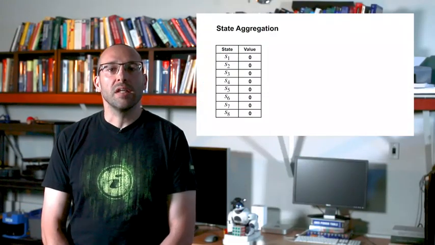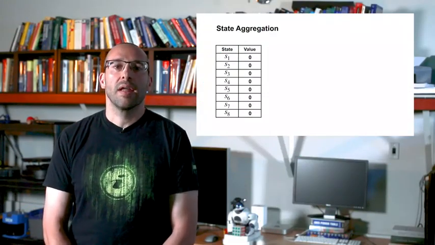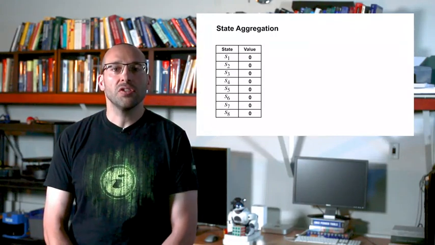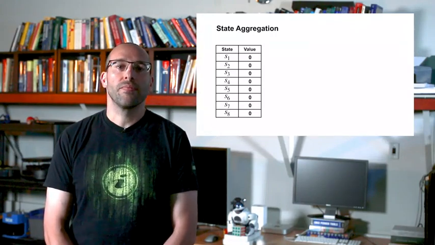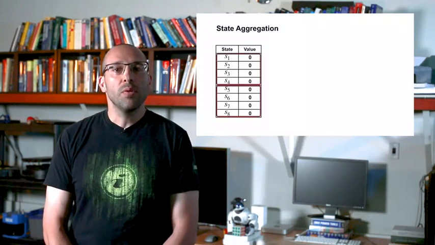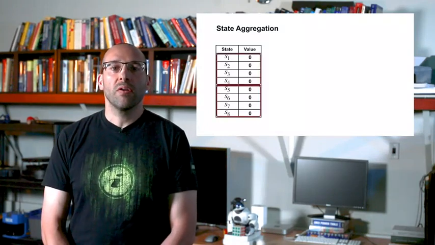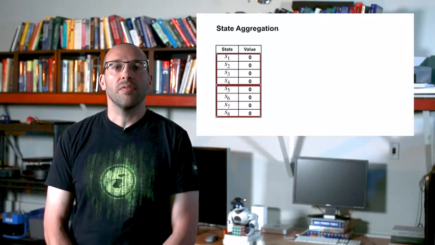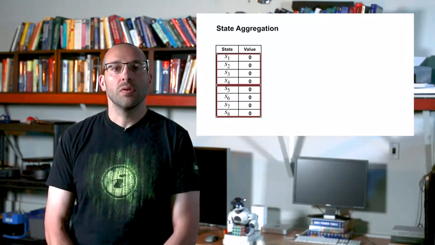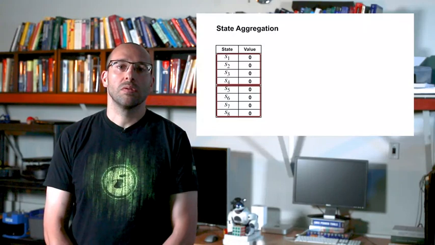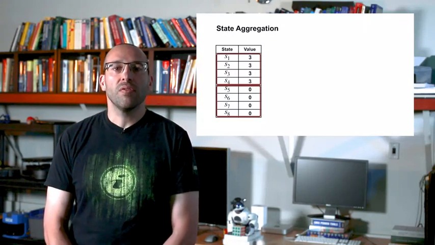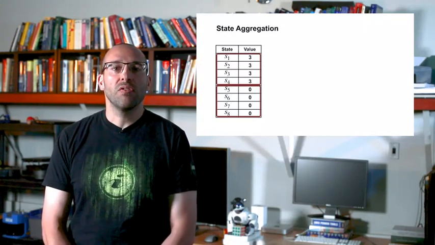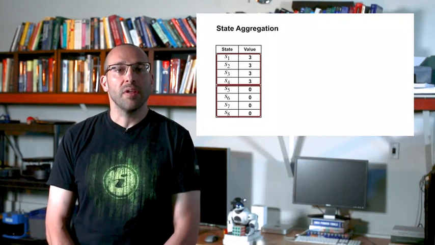Here we will use a technique called state aggregation. As the name suggests, state aggregation treats certain states as the same. In this table of 8 states, we might choose to aggregate states together in groups of 4. So now, instead of a table of 8 entries for the value function, we just have 2. When we update the value of any state in the first group, the values of all the other states in that group are updated.